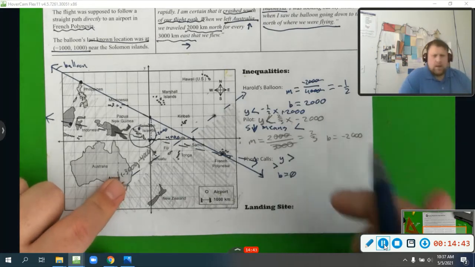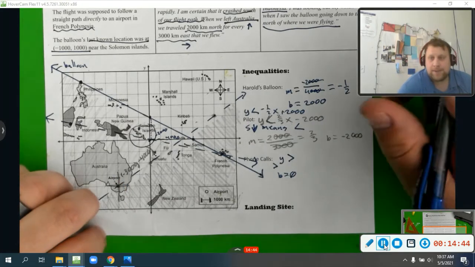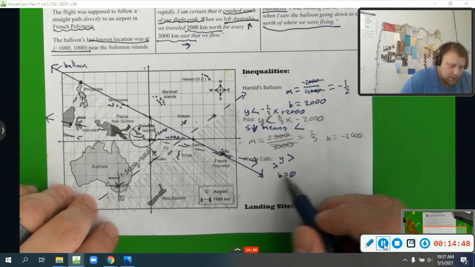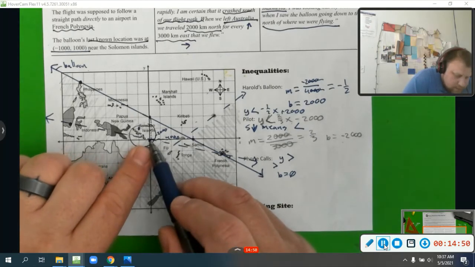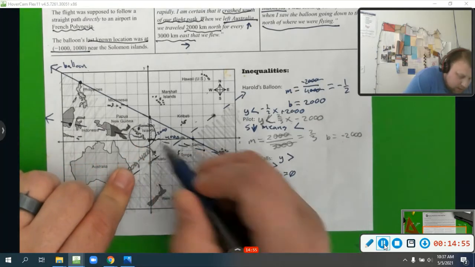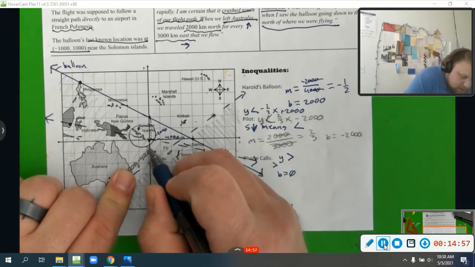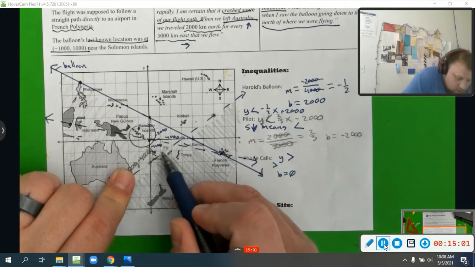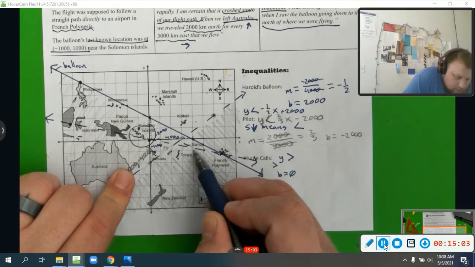Pause so I could sneeze right there for a minute. But our b is right at the origin. Let's see if we can find lattice points. Now I'm looking here and I see a lattice point right here and right here. And what does it do? That's negative 1,000. And that's over 1, 2, 3, 4, 5.